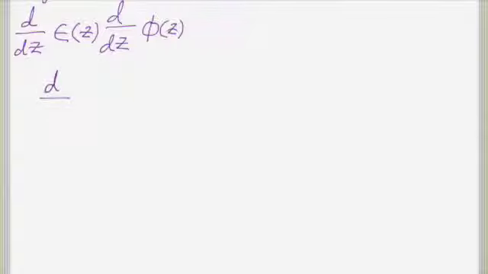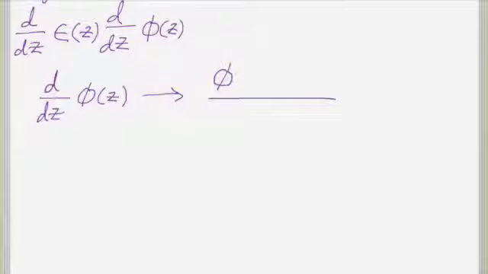So if we have d/dz of phi of z, we're going to use what's called a centered difference discretization, and that's going to be phi at, so let's say my node is at 0, minus 1, 1.